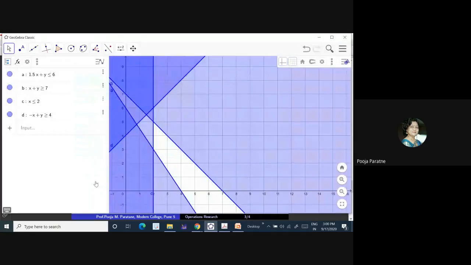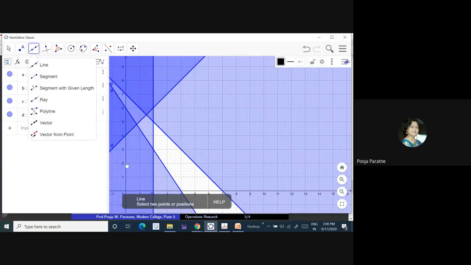Suppose here we have this region, and just neglect this. Assume for a moment that these two lines are not there. So this is our common feasible region, and suppose there is one more line lying like this, on this side.